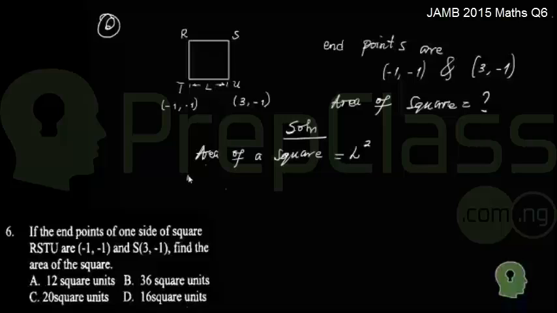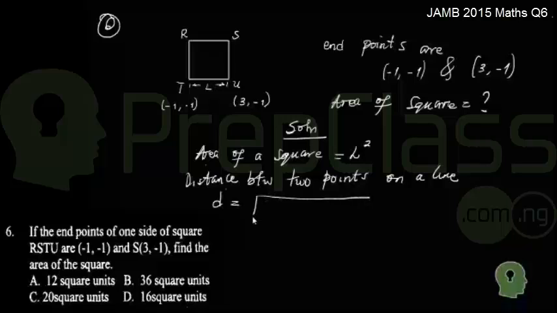So from the distance formula, the distance between 2 points on the same line, the distance is giving us the square root of the difference between the x points, so we can say x2 minus x1 all squared plus the difference between the y points y2 minus y1 all squared.